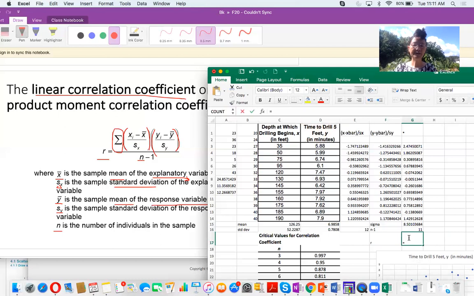It is just the ratio of this sigma divided by n minus 1. So I get 0.7728. That is my linear correlation coefficient.